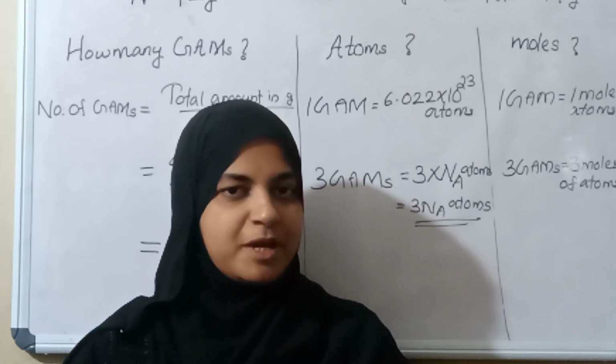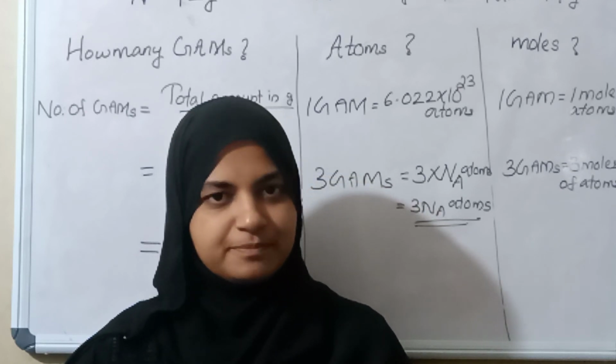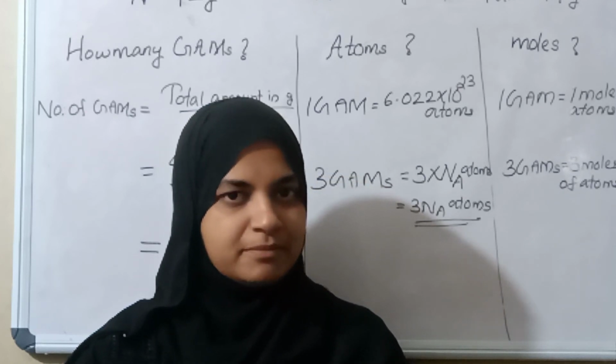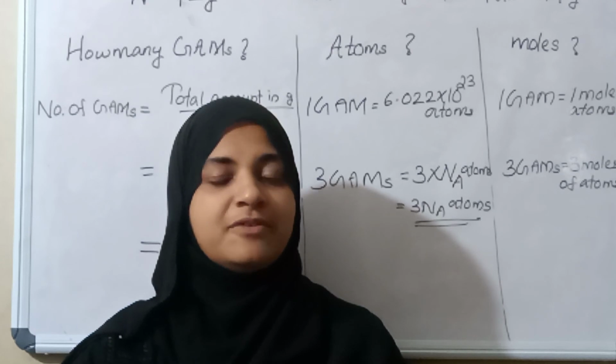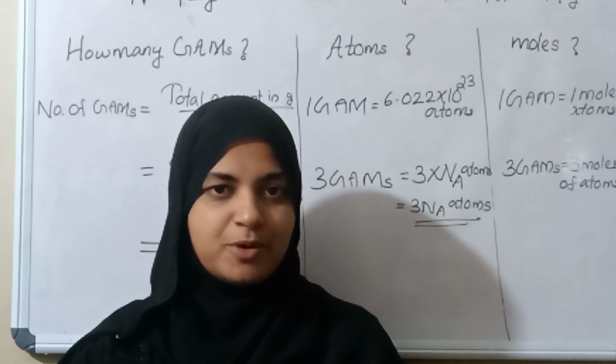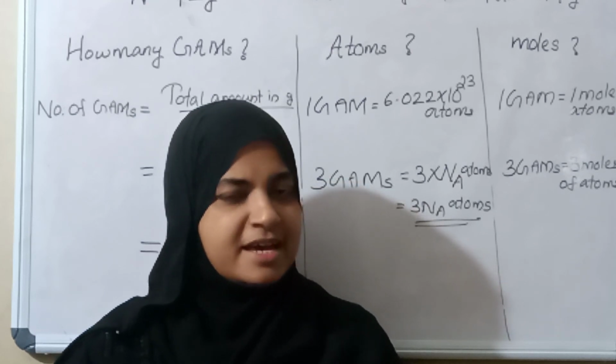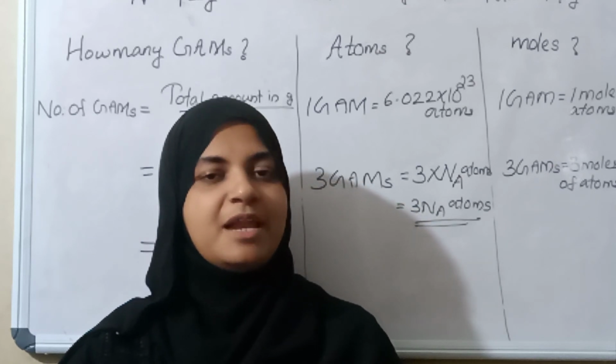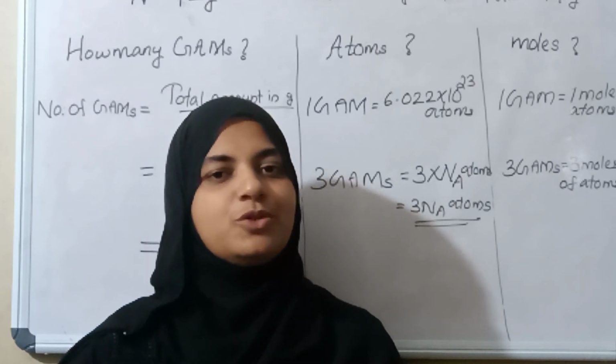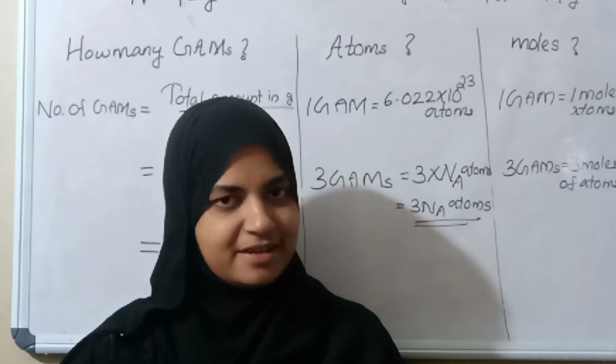GAM means atomic mass expressed in gram. Then from GAM we get an idea about the number of atoms. That is, each 1 GAM of any element contains 6.022 × 10^23 atoms.